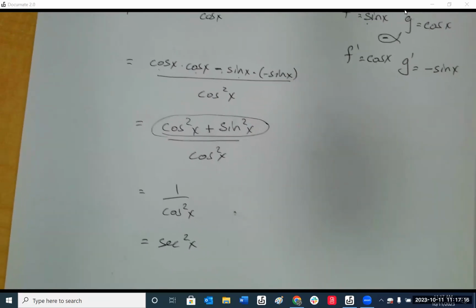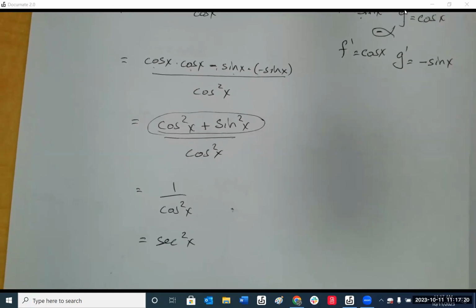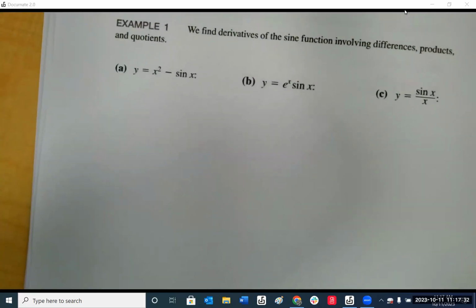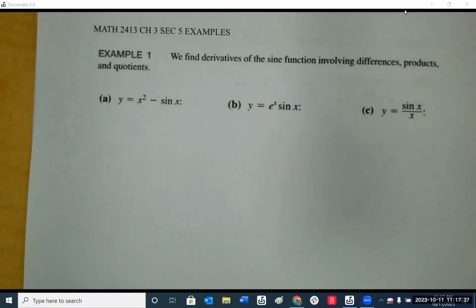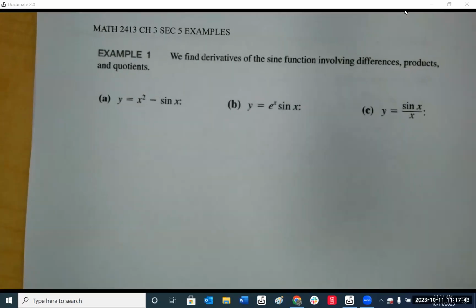Okay, let's look at some more examples. Let's go to example 1. We'll go to that sheet, and here we have the sheet. Find the derivatives of all 3 of these.